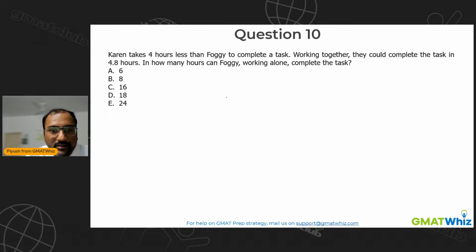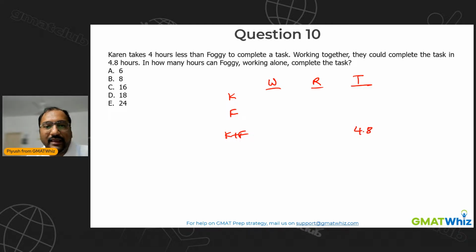Let's try it out. So K, F, and K plus F is what we have. Work is there, rate is there, time is there. Now I know the time for them together is 4.8. If I take the time taken by Foggy to be T, I'm not taking a variable, I'm just explaining for a moment, then Karen's time is T minus 4. One more thing you need to understand is that the time taken by any one of them to complete the job will always be more than the time taken by both of them together.